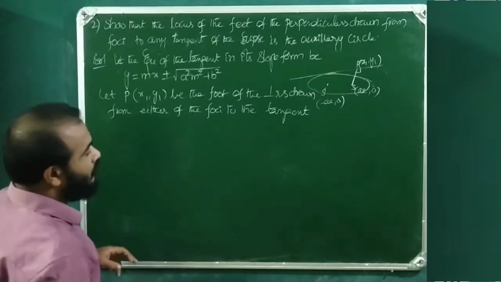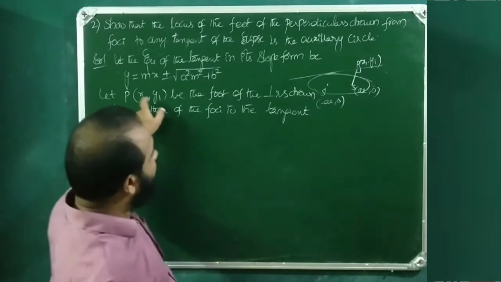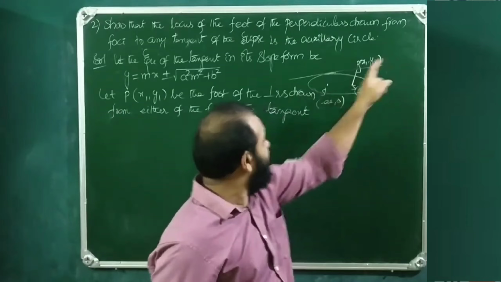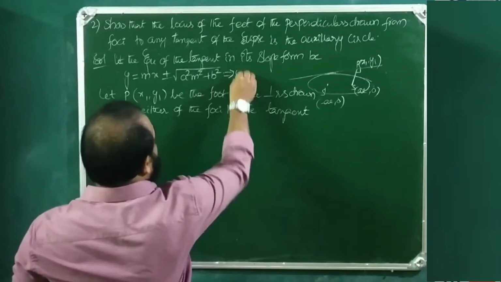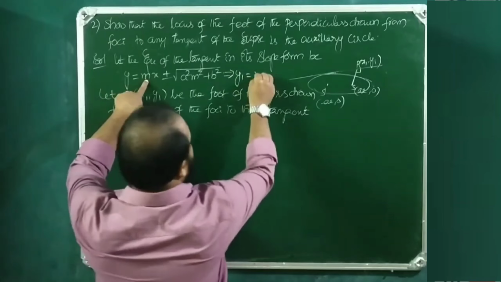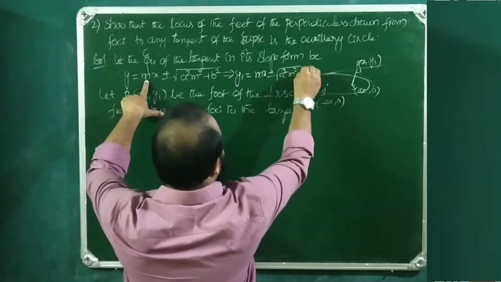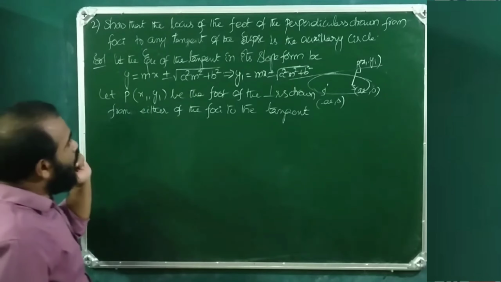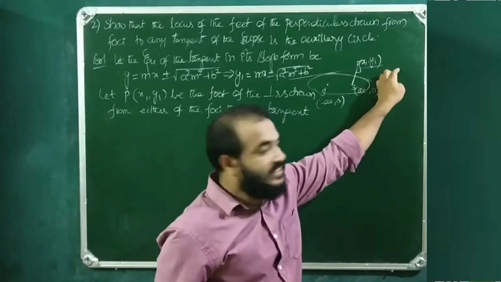So since this P(x1, y1) is passing through this tangent, y1 is equal to mx1 plus or minus the square root of a square m square plus b square. Now this line is perpendicular to this tangent.